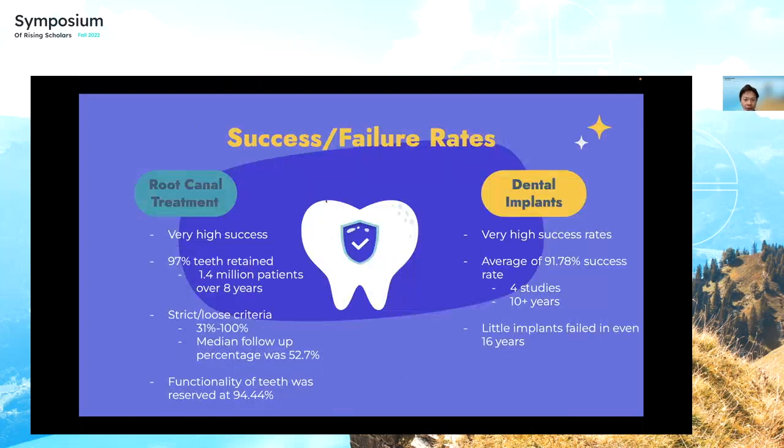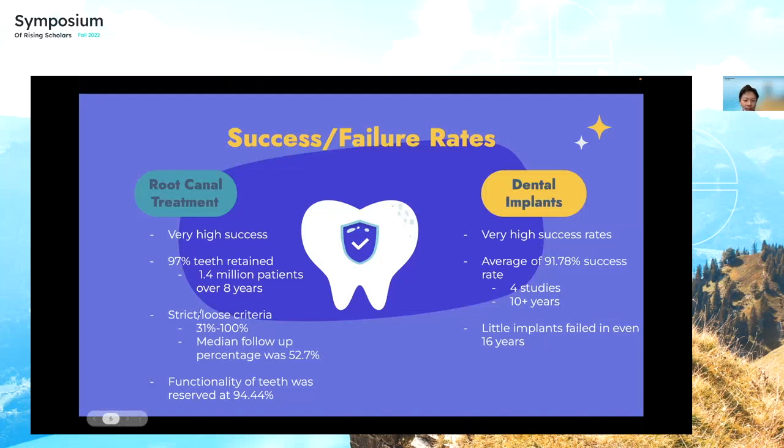So for success and failure rates of root canal treatment, there were 3 different studies, and there were very high success rates. One study concluded that 97% of the teeth were retained in a study of 1.4 million patients over 8 years. In this study, they also measured functionality, and it was preserved at 95%.